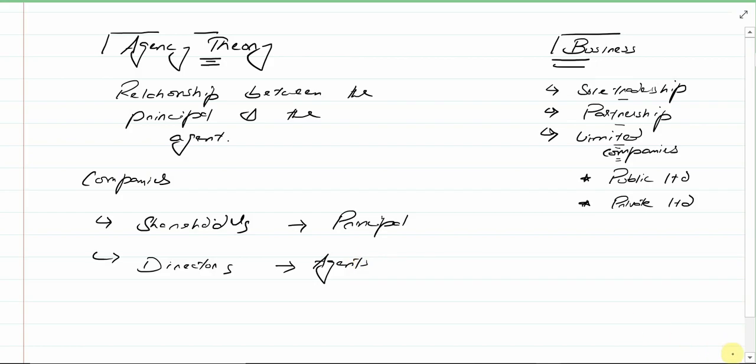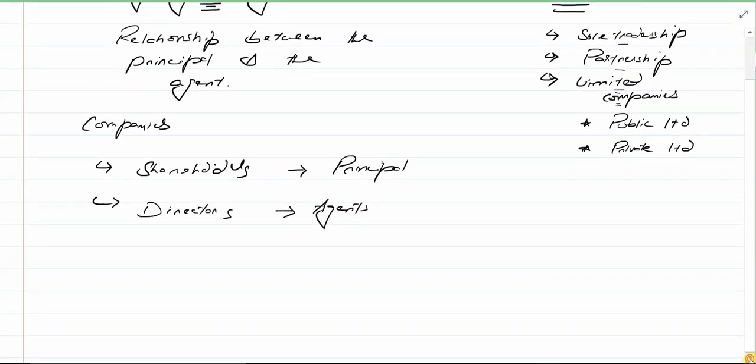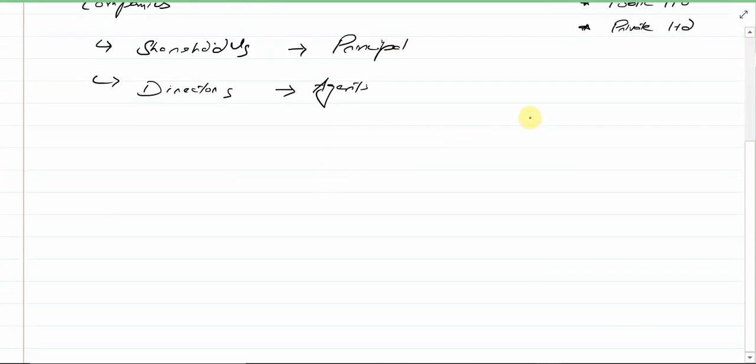Now, what is the context of this? In the context of companies, the principals, who are the shareholders, are assumed to be laymen.